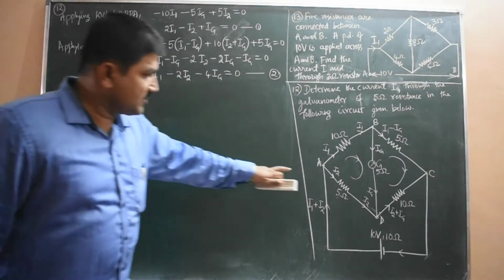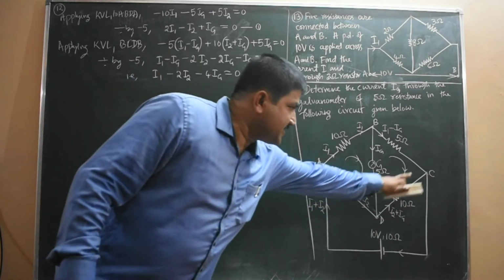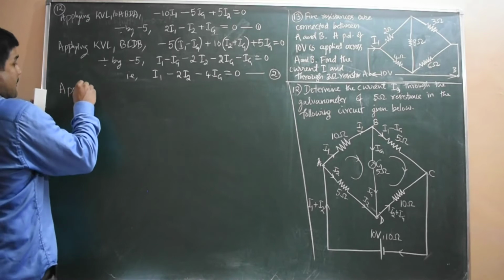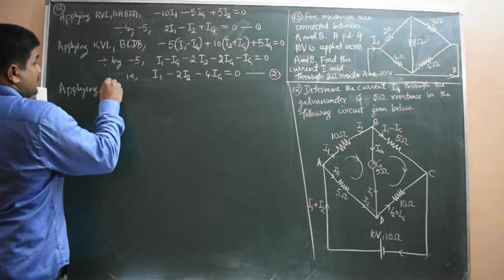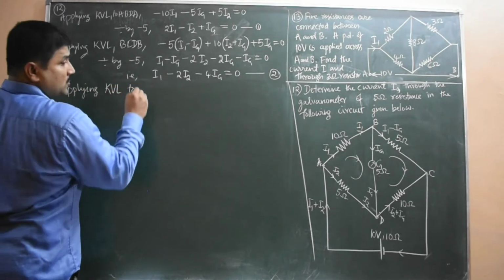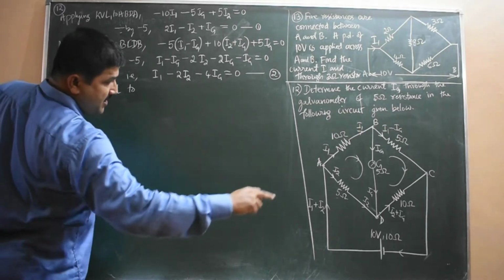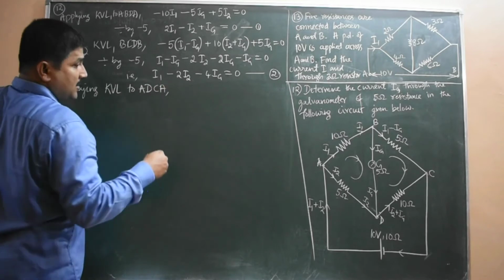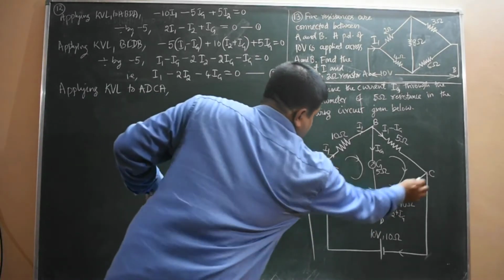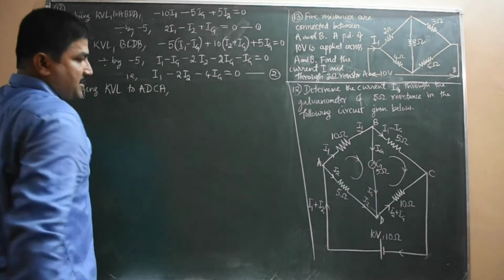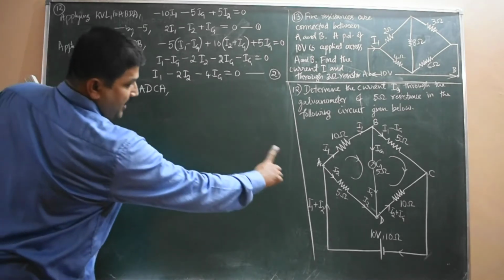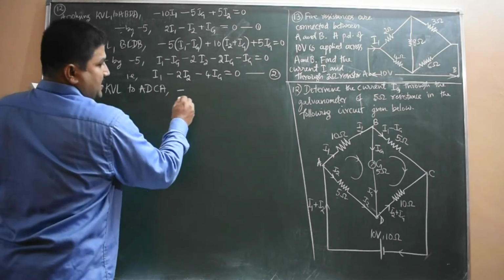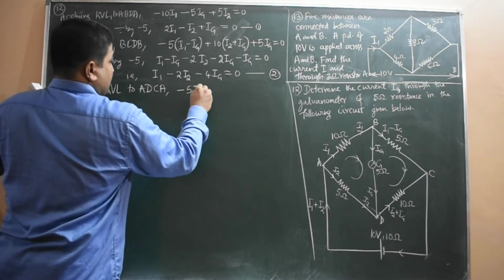Now applying Kirchhoff's loop rule, KVL, to another loop, ADCA. ADCA means from A to D, D to C, then through the battery branch. AD part, current I2 in the direction we are traversing, so minus 5 I2.